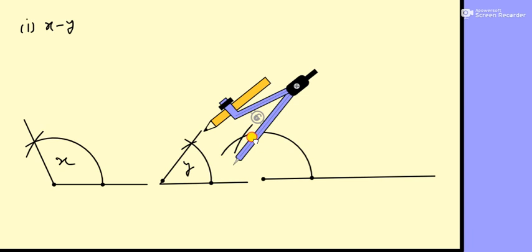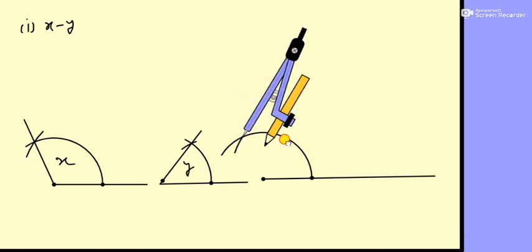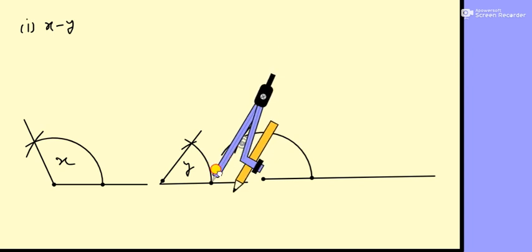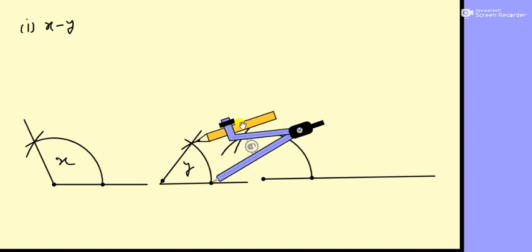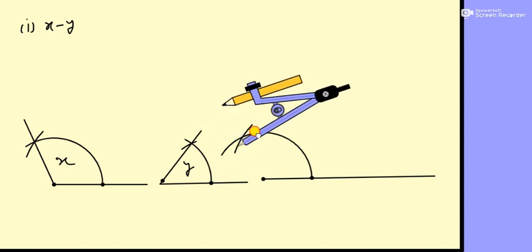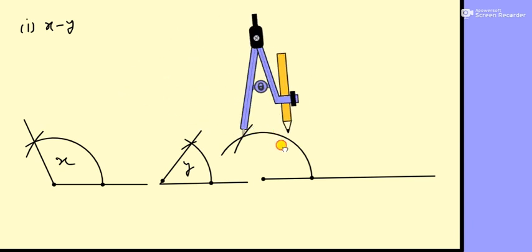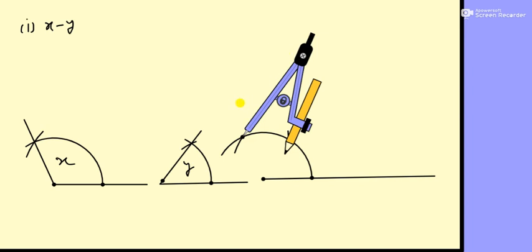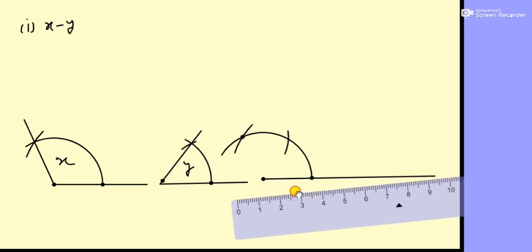So it is very simple. Now take the roundel at this point and make an arc here. First of all, it is necessary to fix this one distance. So now come to this one point and make an arc like this. It is here, so you can make this one, and now remove the protractor and take a scale, and with the help of the scale you can draw this line.